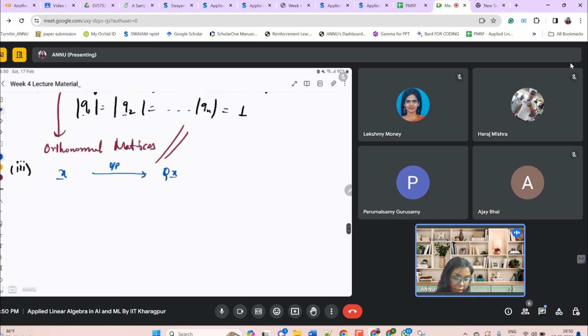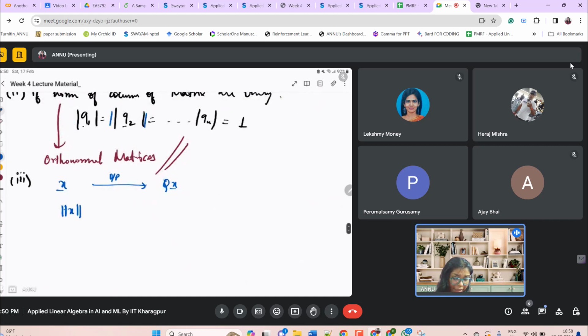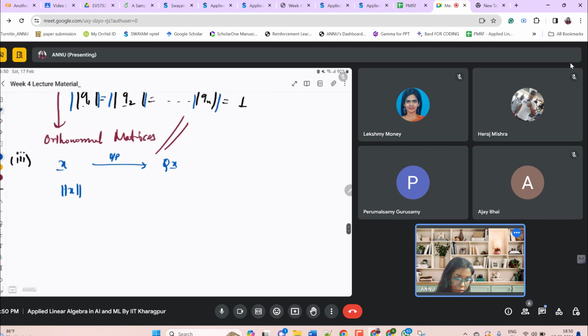Then if you take the norm here, this is not mod, this is norm. The double line shows a norm. So norm of input vector is equal to norm of qx. Norm by default is 2 norm.